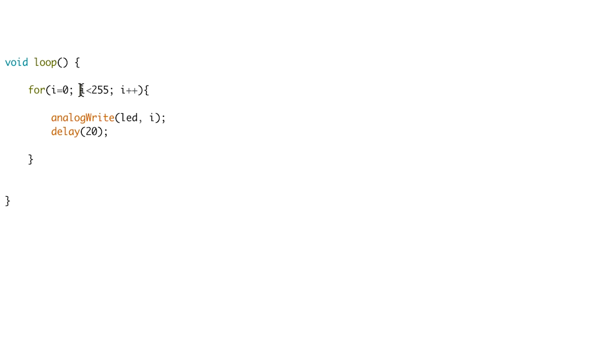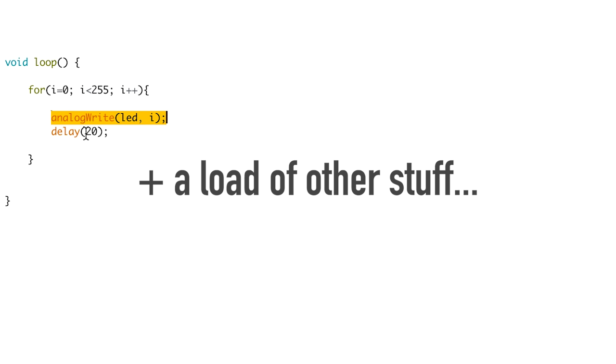But effectively all we're doing is passing the algebraic number we're using to track the for loop into an analog write. So it's a little bit of a clever thing to do, but it's really useful. It allows us to fade analog write values. So we can do things like fade LED brightnesses, or we can turn motors on slowly instead of immediately on. So there's a lot of different things we can use it for, and it's quite useful.